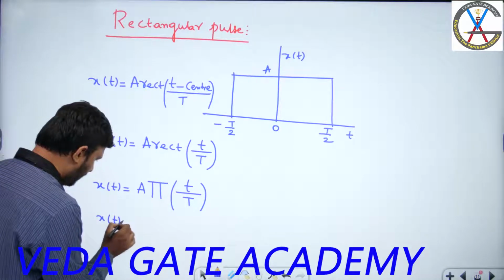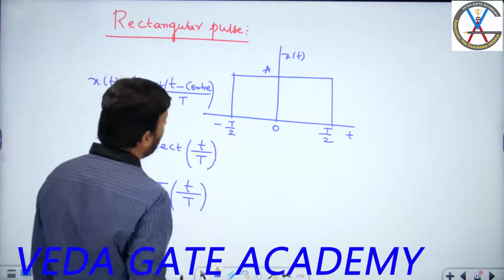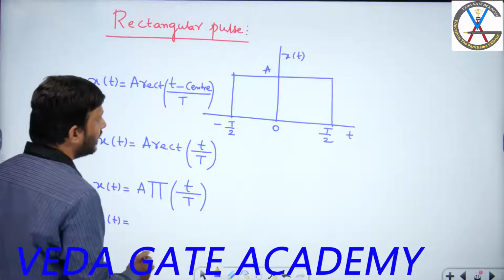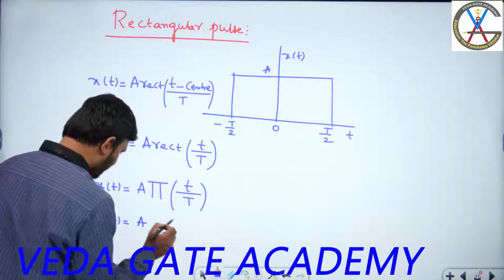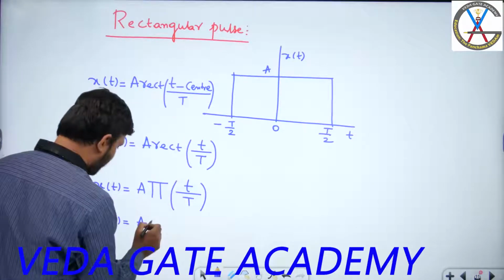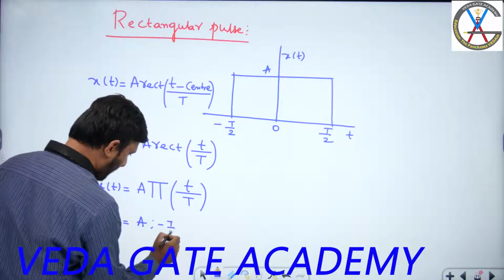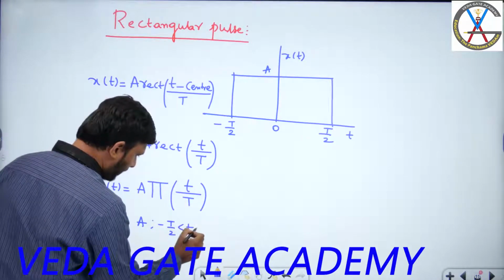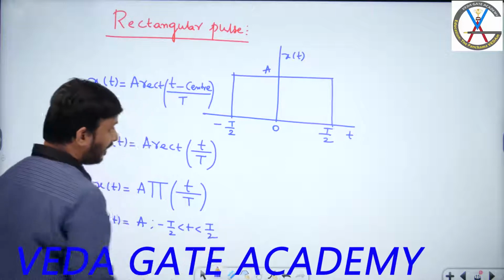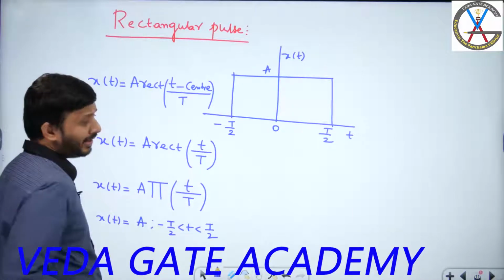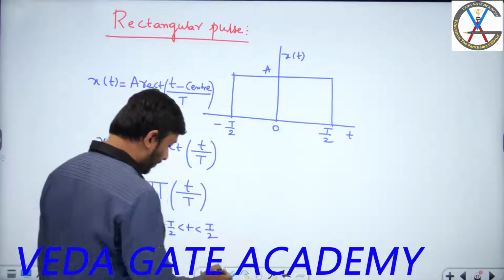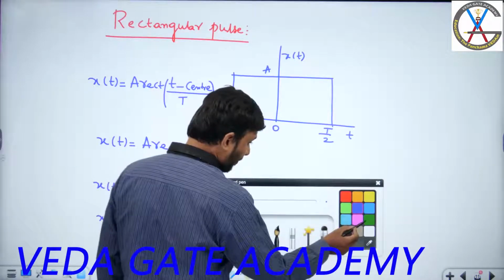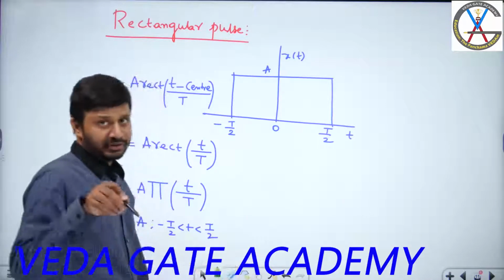Or x of t is equal to, how can I write this? X of t is nothing but A, the signal value is A, between minus T by 2 to T by 2. Then what about at T by 2 and minus T by 2? See, we have discontinuities here. How many discontinuities are there? 2 discontinuities are there.